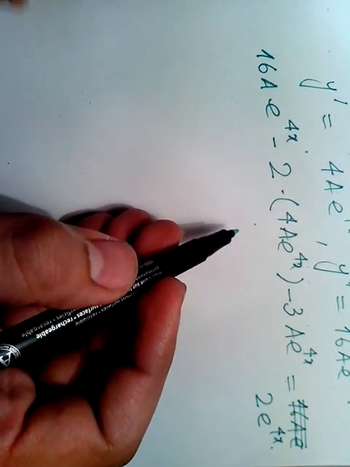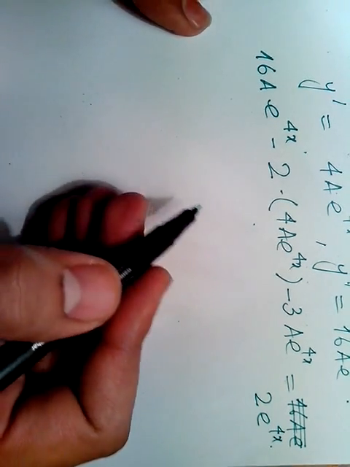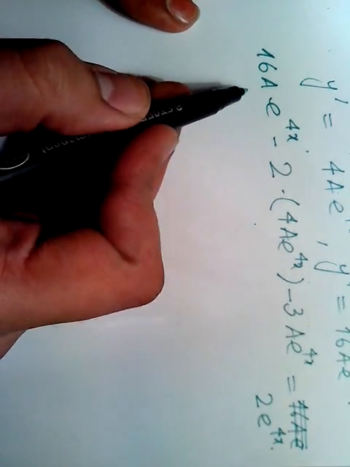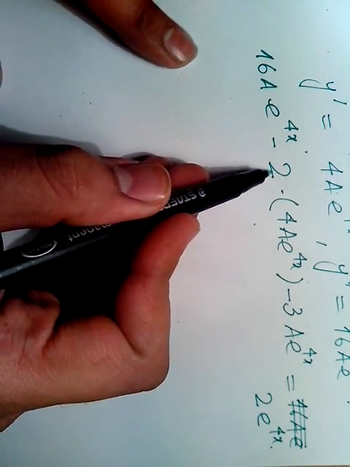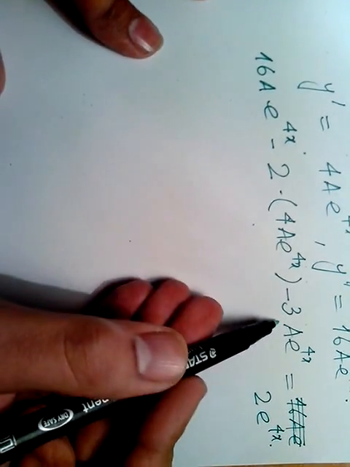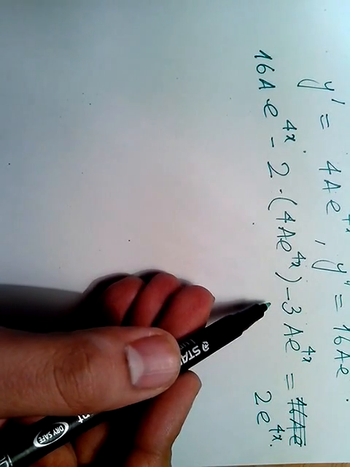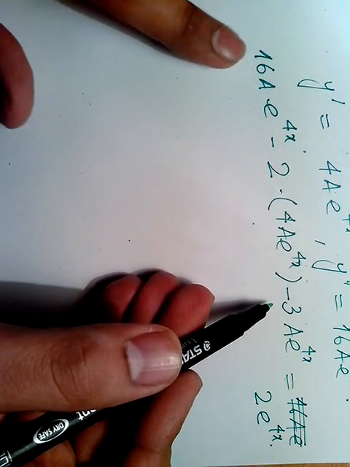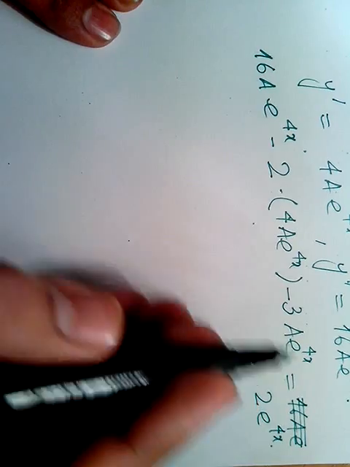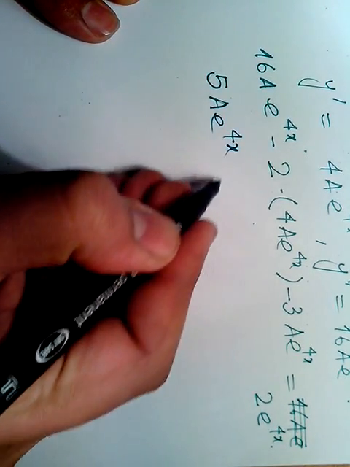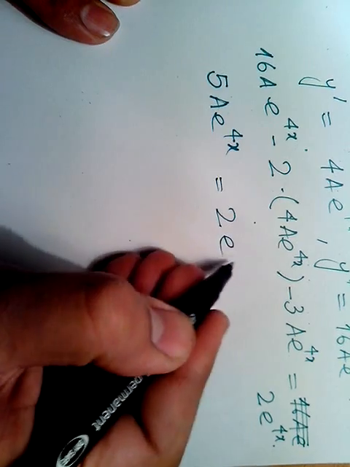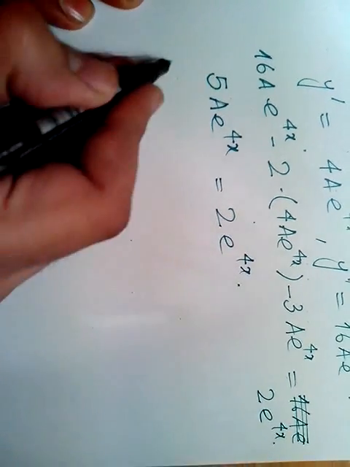Now simplify this to find a. So how can we simplify? This is just 16, then minus 8 and minus 3, so 16 minus 11 is going to be 5a e raised to power 4x equals 2 e raised to power 4x.